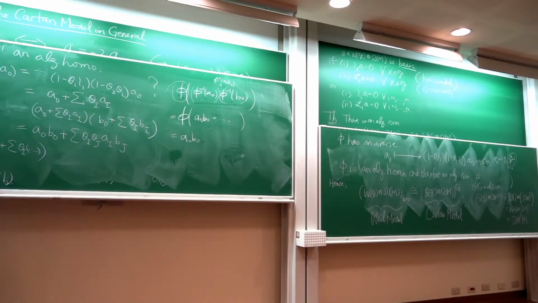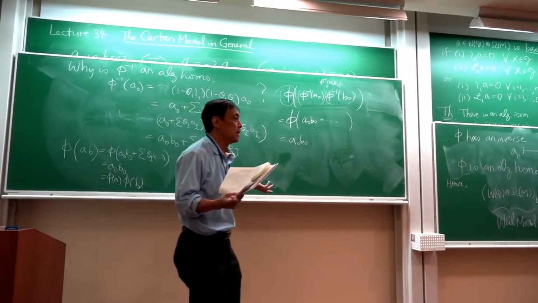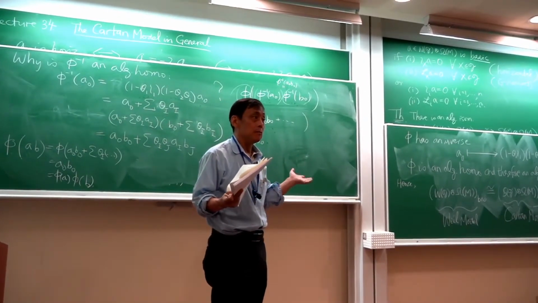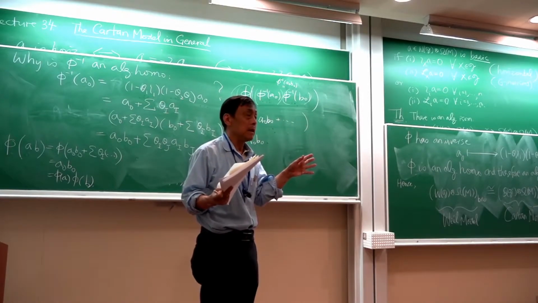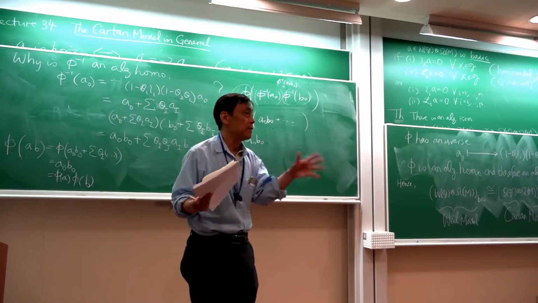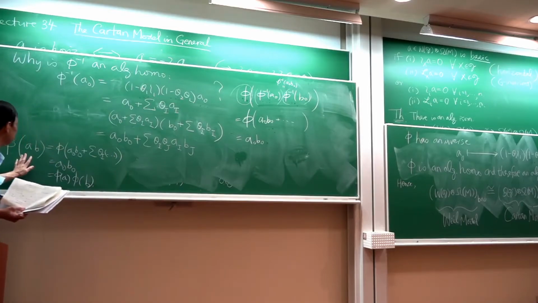Yeah, I think this will show that it's an algebra homomorphism. Now, if A is horizontal and B horizontal, then AB is horizontal, because the contraction is an antiderivation. So you apply the contraction to the product and it will be 0.